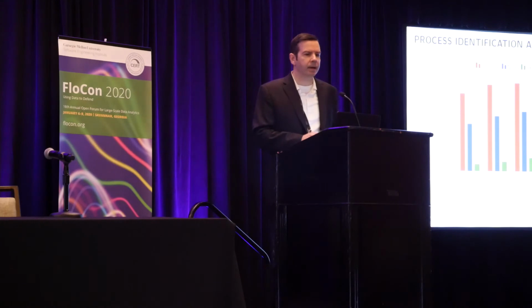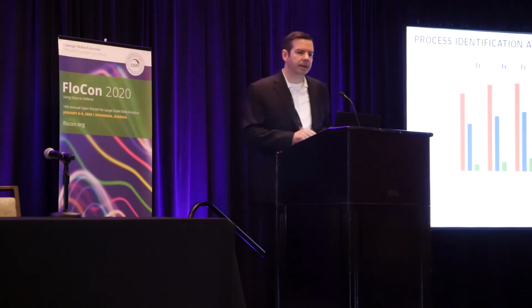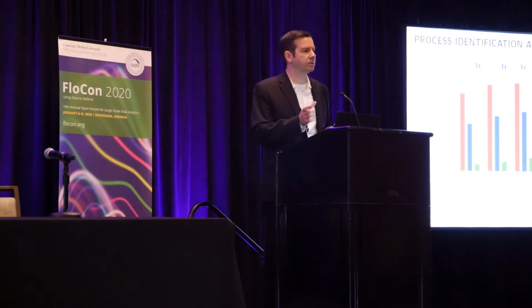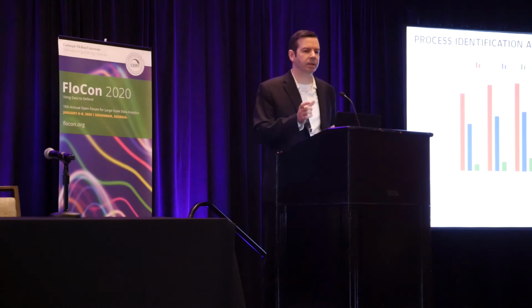The process identification accuracy is really good for categories, in other words, the process category like browser. We can do a pretty good job at that, and you can see that is the red bar here. The process name we can do okay at, and then actually estimating the SHA-256 hash of a process, we're not very good at that on average.